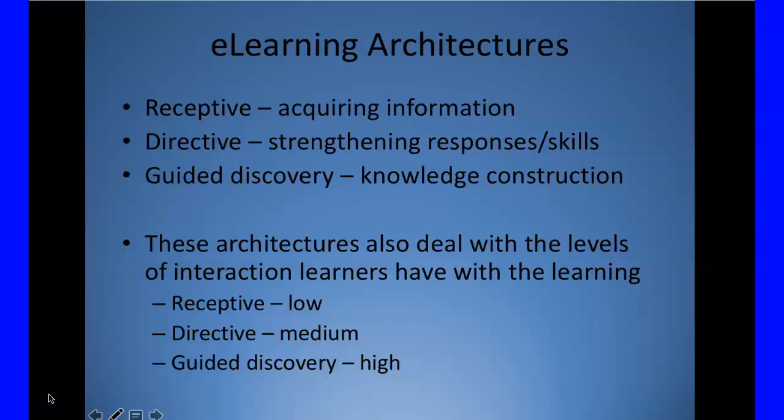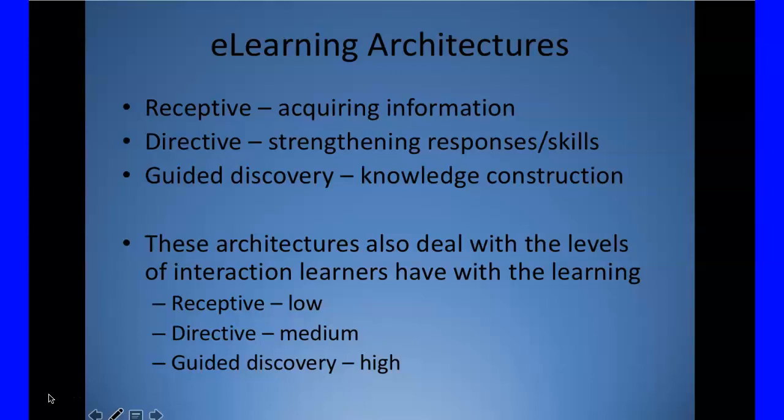So we have receptive, where you're acquiring information; directive, where you're trying to strengthen your responses and your skills; or guided discovery, which we talked about a little bit as a promise of e-learning, where you construct knowledge in a guided way. Now, these architectures also deal with the levels of interaction learners have with the learning, and there is a table 1-2 on page 21 that you can look at.